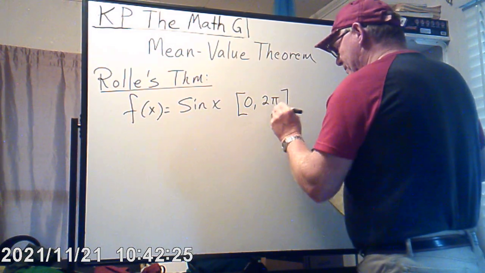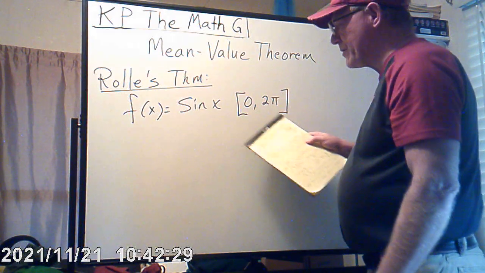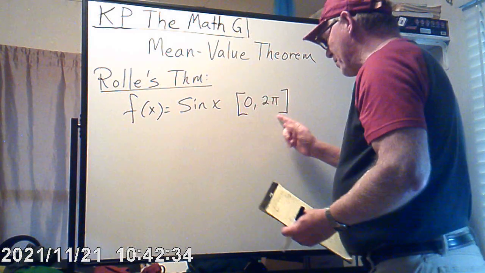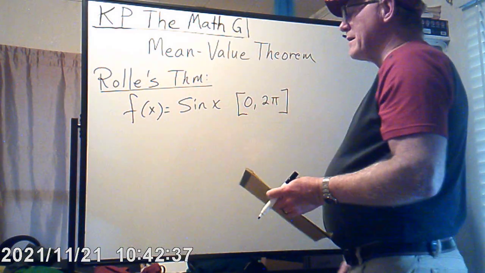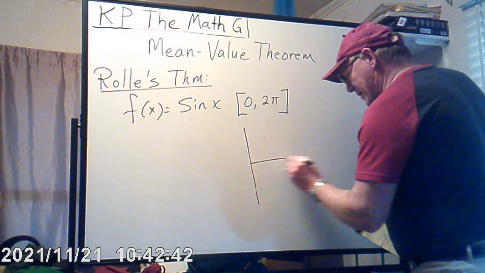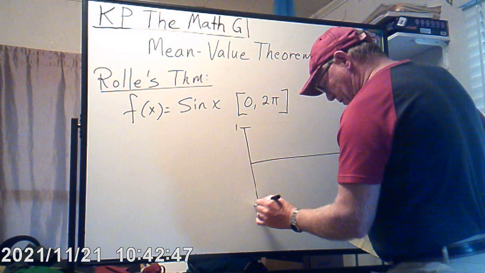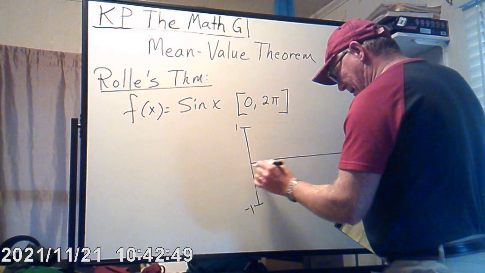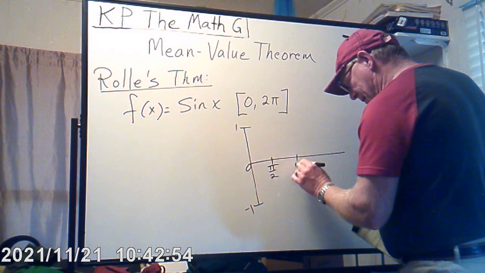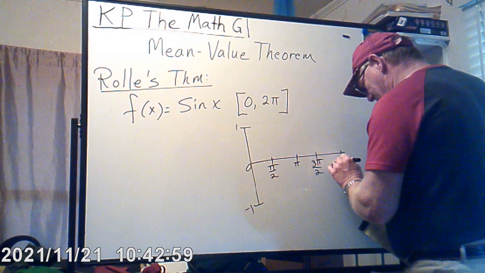I could have very easily made this from 0 to pi or moved it somewhere else, but anyway, we want our interval to be there. If you recall, the graph of sine goes from -1 to 1, and remember, here's 0, pi over 2, pi, 3 pi over 2, and 2 pi.